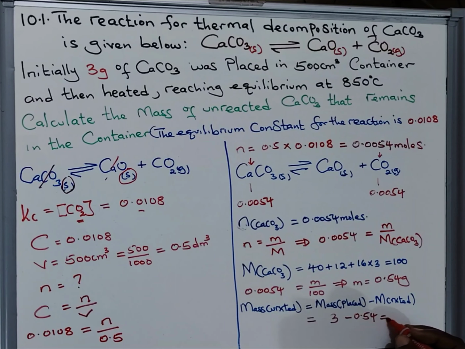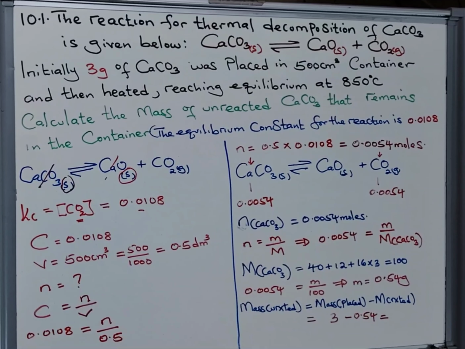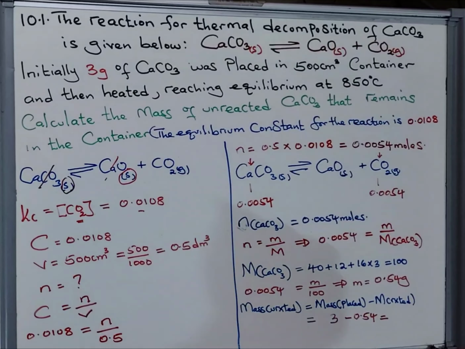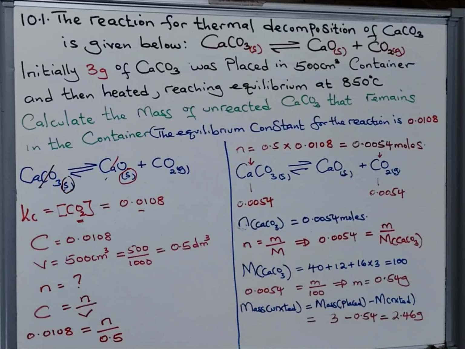This will give us the mass unreacted, which is 2.46 grams. Yes, this is the mass of unreacted calcium carbonate which remains in the vessel.